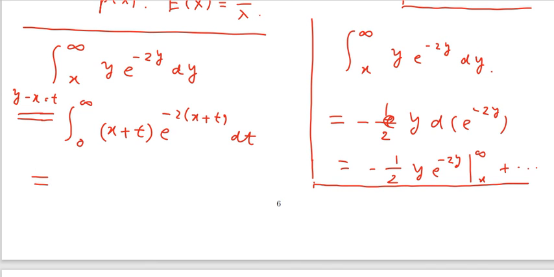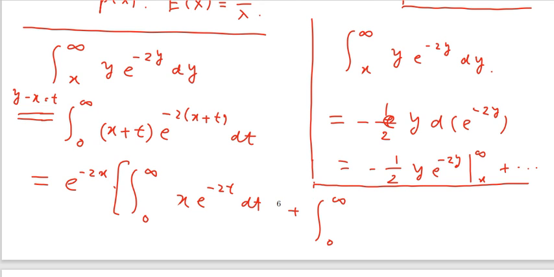This equals e to the negative 2x, times the first integral from 0 to infinity of x e to the negative 2t dt, plus the integral from 0 to infinity of t e to the negative 2t dt, right?